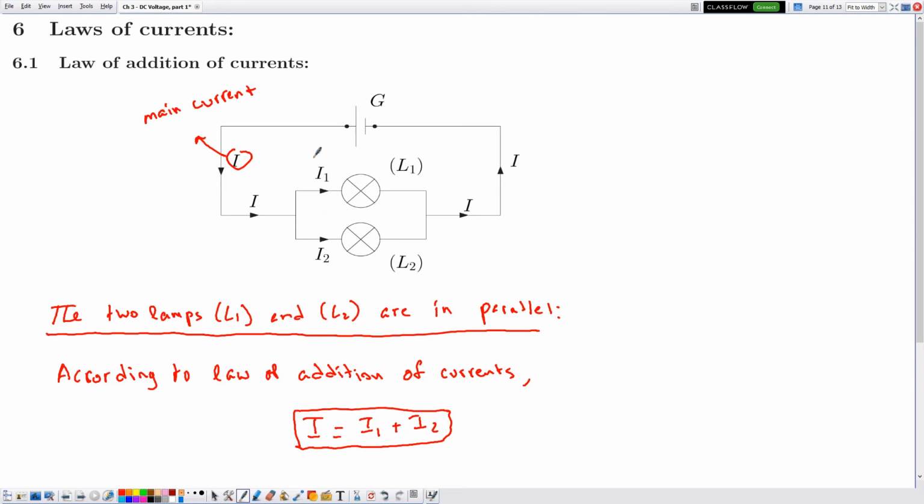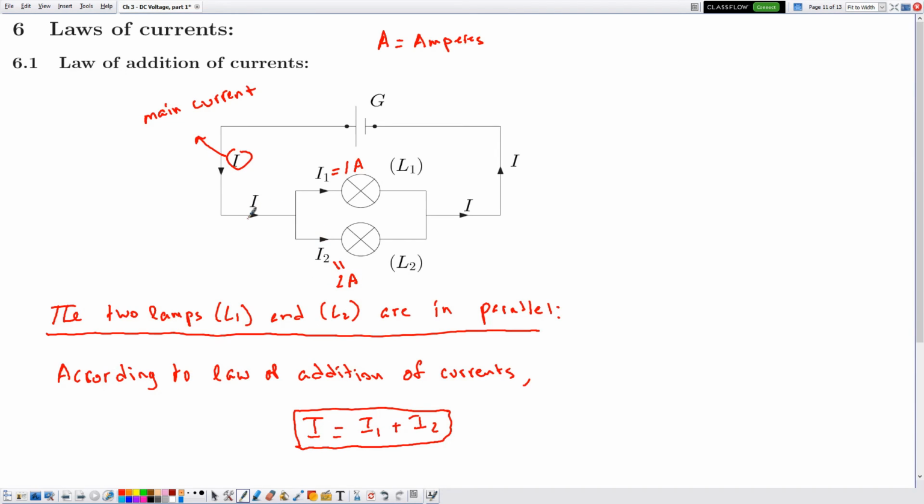Now suppose that the value of I1 is given by 1. Yet I didn't talk about the unit of the current. The unit of the current is the ampere. So A stands for amperes. This is the SI unit of the current, and suppose that I2 is 2 amperes.